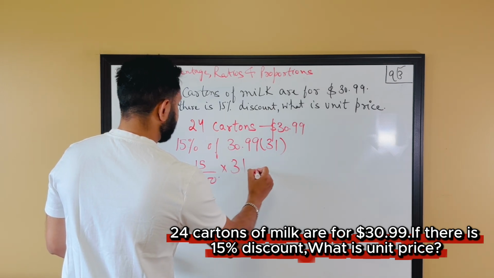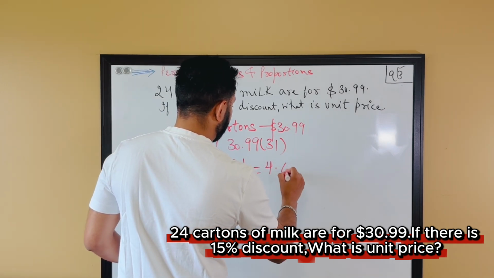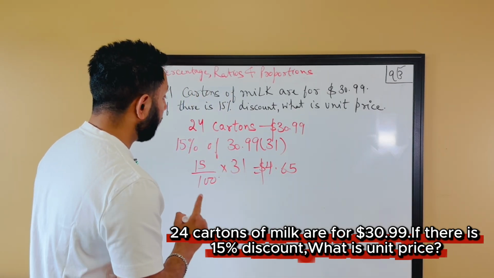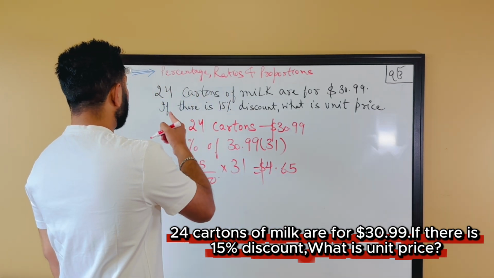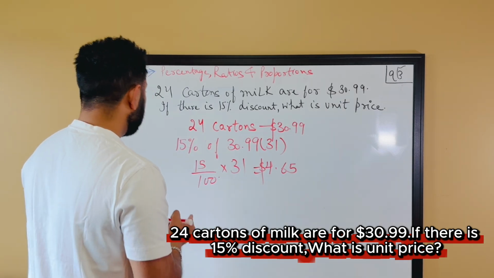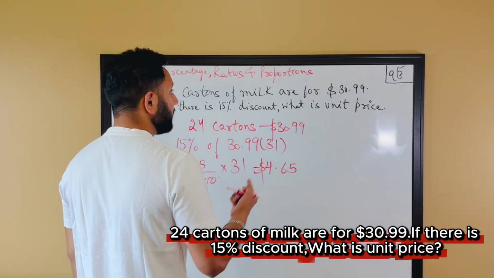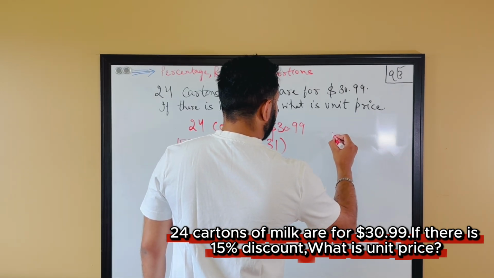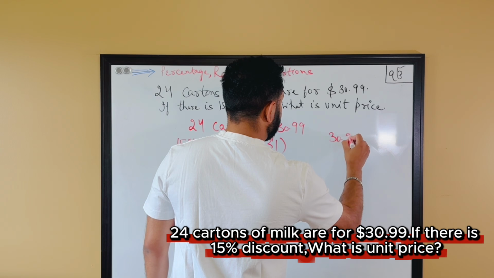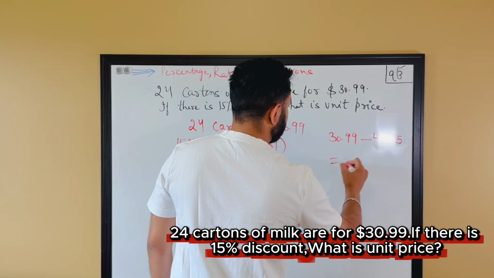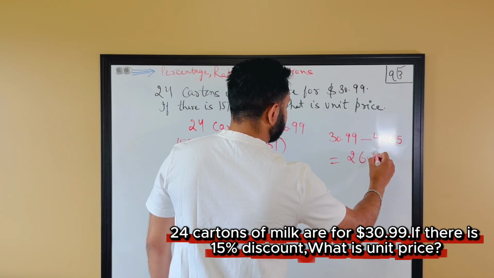So if we simplify this, it comes out to be $4.65. That means there's a discount of $4.65 on 24 cartons of milk. So after discounting, our actual price will be $30.99 minus $4.65, which is $26.35.